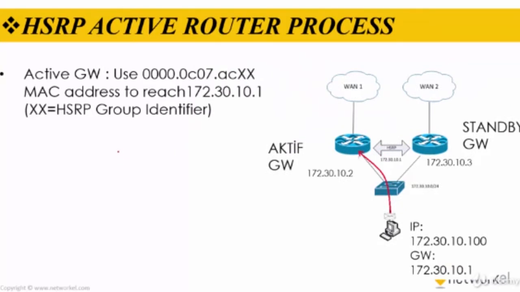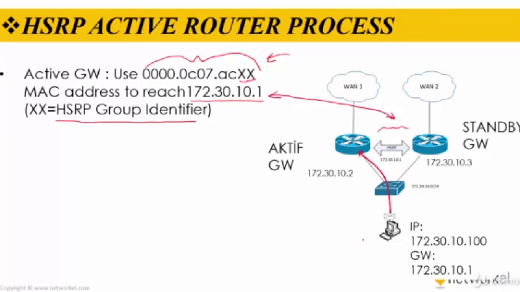In HSRP, the active gateway propagates this MAC address and says, hey guys, use this MAC address, in which XX is the HSRP group identifier, to reach this IP address, which is the HSRP standby IP.